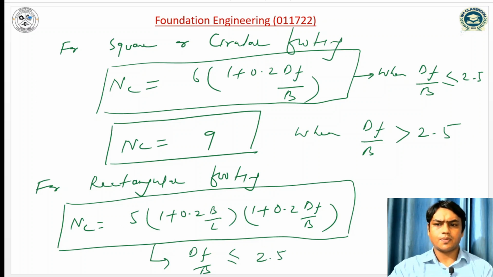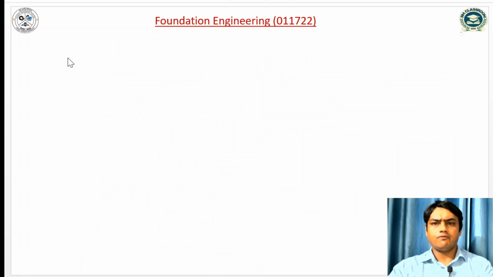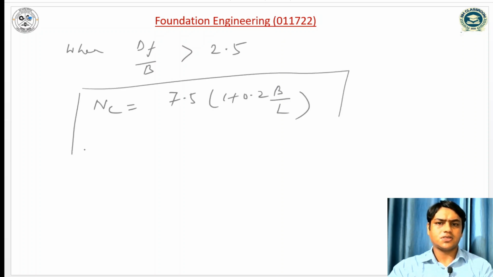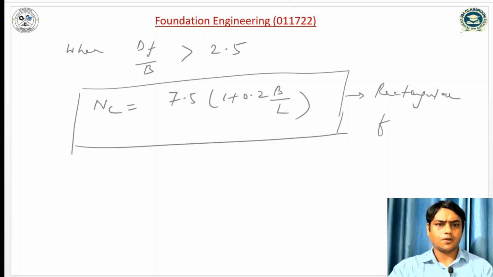Otherwise, we have to apply, when Df by B is greater than 2.5, Nc is equal to 7.5 into (1 + 0.2 B by L). So this is the expression for rectangular footing.